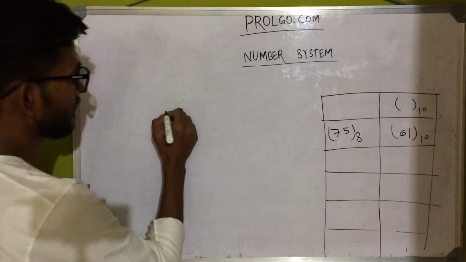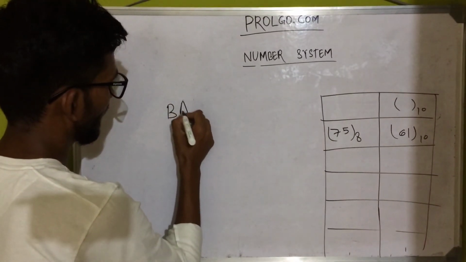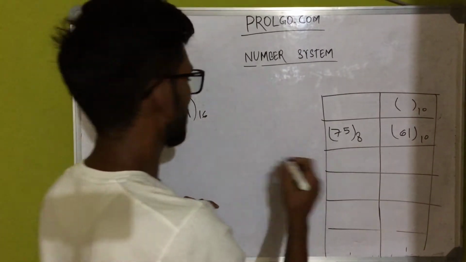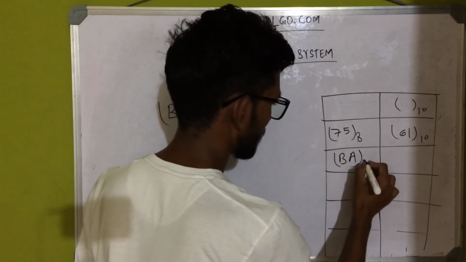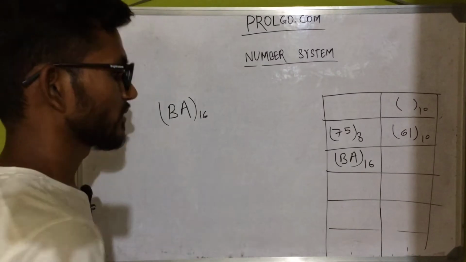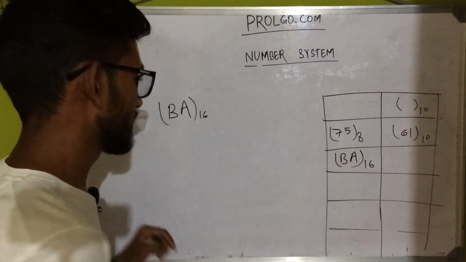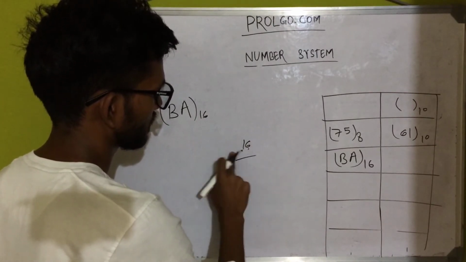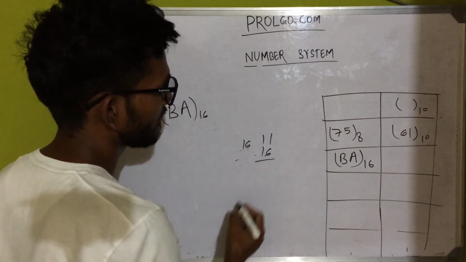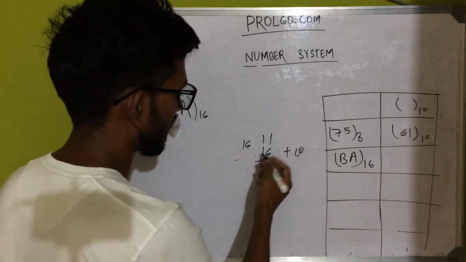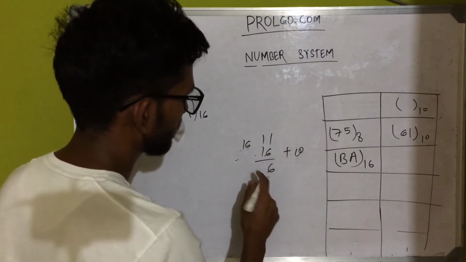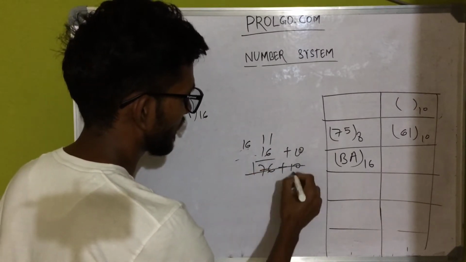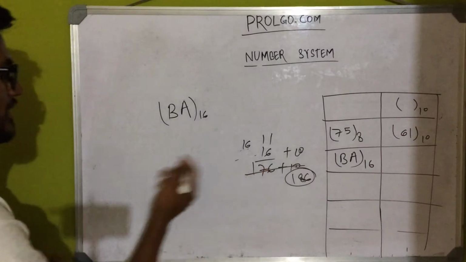Let's take another example, BA in hexadecimal, and we have to convert this into decimal. The base is 16, so it should be 16 multiplied by 11 plus 10. How much will it be? 176 plus 10, it should be 186, I guess. Let's do it.